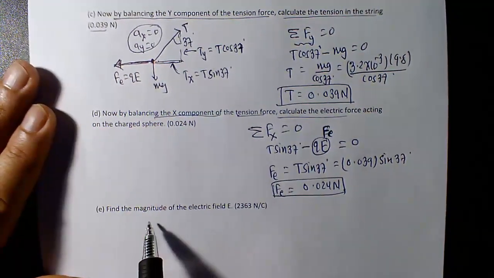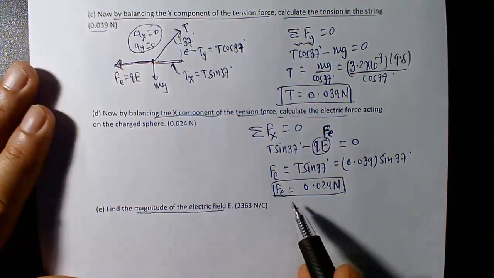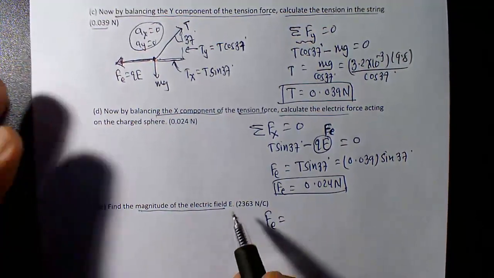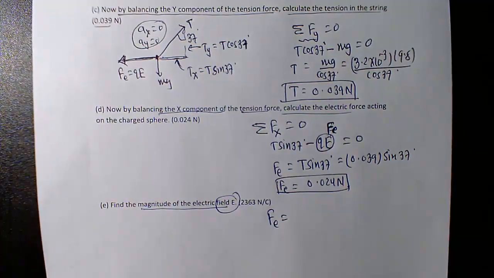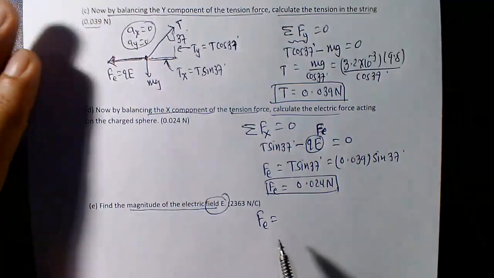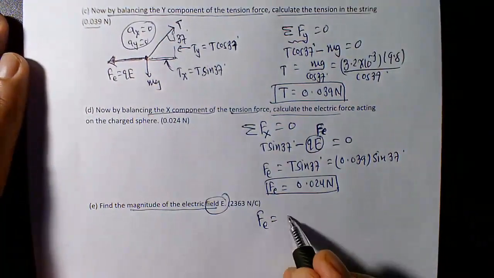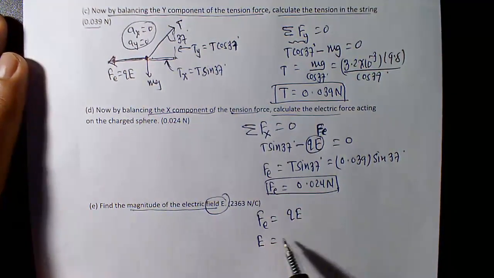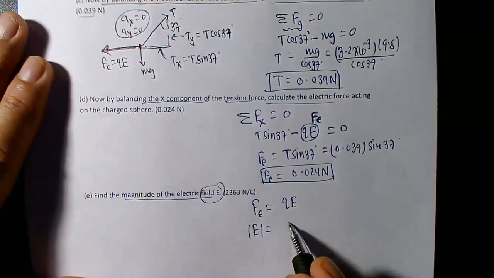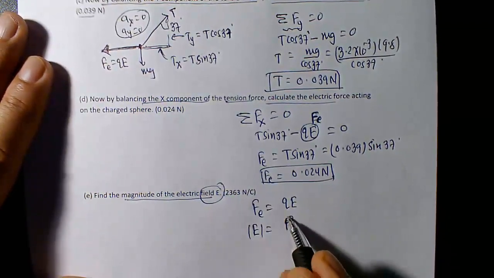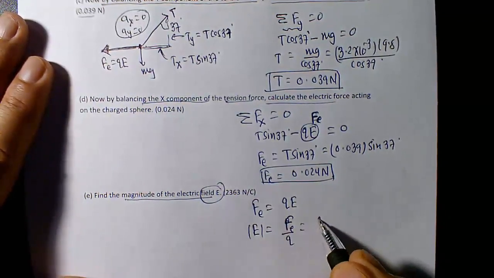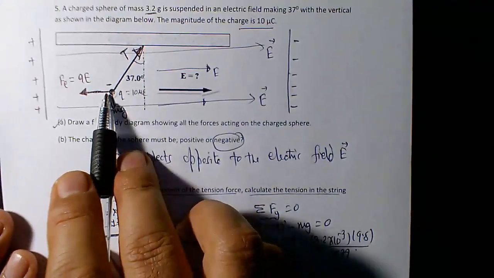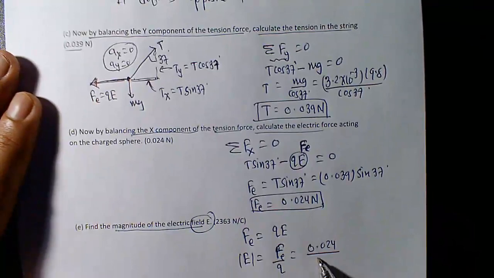Next, find the magnitude of the electric field. Now we already got the electrical force. The electric force is Q times E, so the electric field magnitude is given by this force divided by Q. The force is 0.024, and the charge of this hanging mass is 10 microcoulombs.